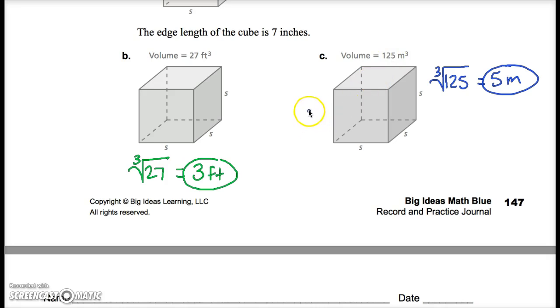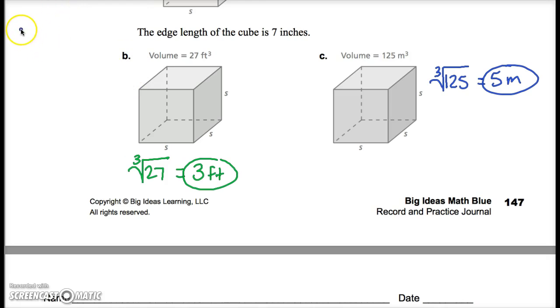Now, what I want you to do before we move on is, on a piece of paper, I want you to make a table, basically, kind of like the poster that sits behind my desk of the squares and the square roots, and it lists them 1 through 20. We're going to do the same thing for cube roots, except we're just going to go 1 through 10.